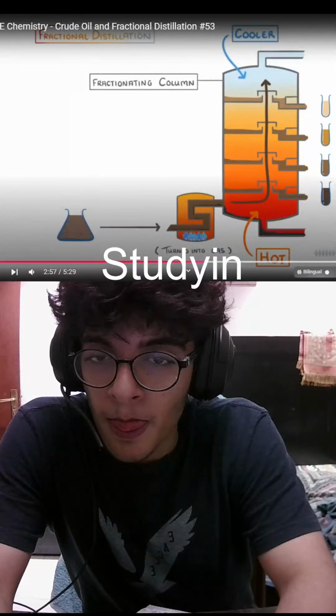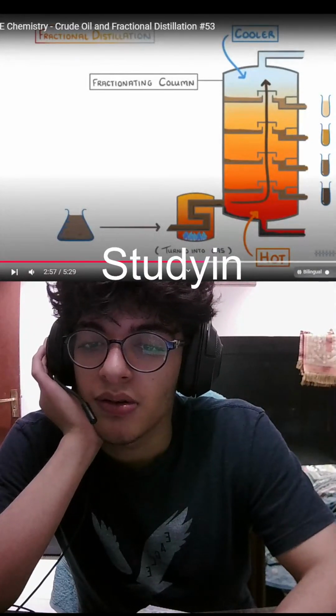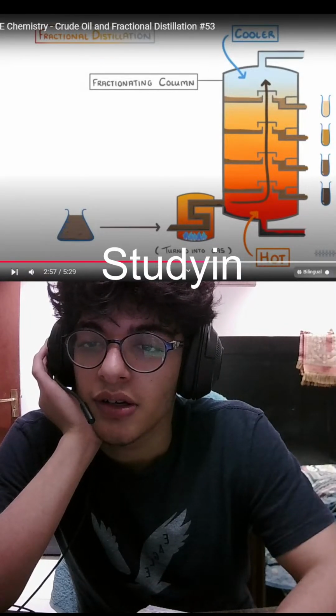Wait, first of all, I want to change the bitrate to 4,000. I don't know why it's fluctuating like this, but I think I did something wrong. I need to go to the advanced settings and change the video to CPU render SDR. No, I just want this to be at 4,000.